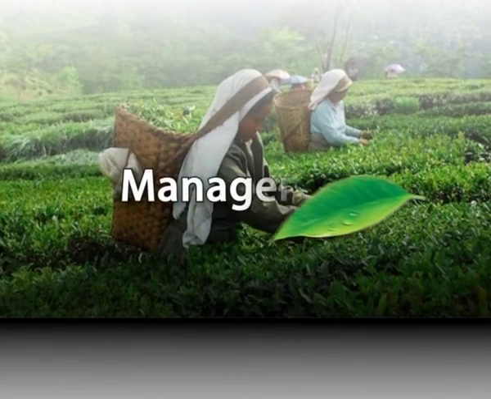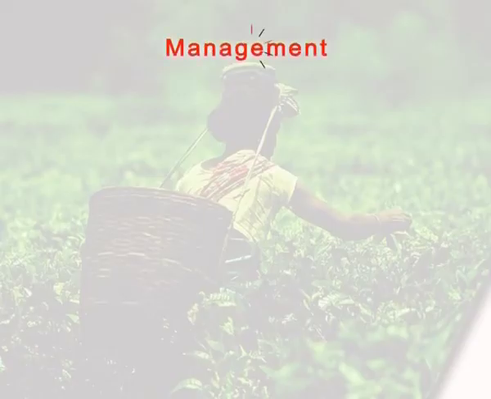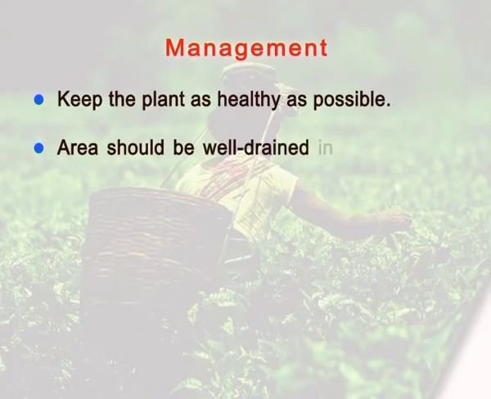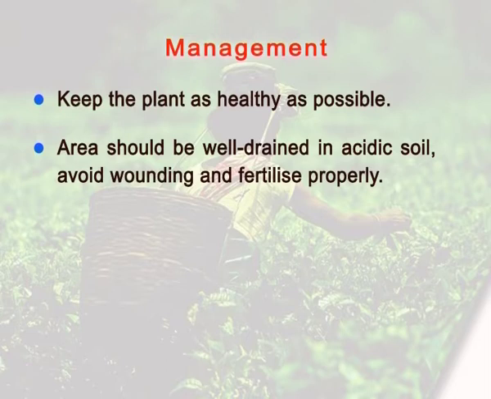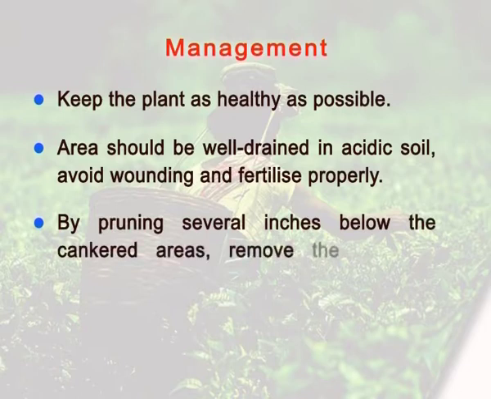Now let's see how to manage the disease. Keep the plant as healthy as possible. Areas should be well drained with acidic soil; avoid wounding and fertilize properly. By pruning several inches below the cankered areas, remove the diseased twigs.